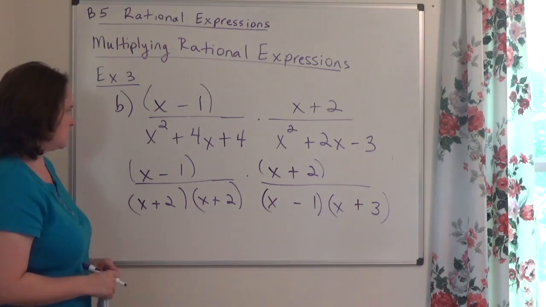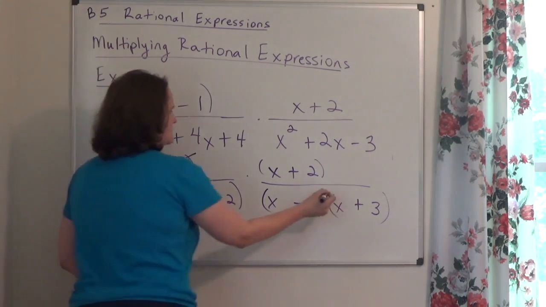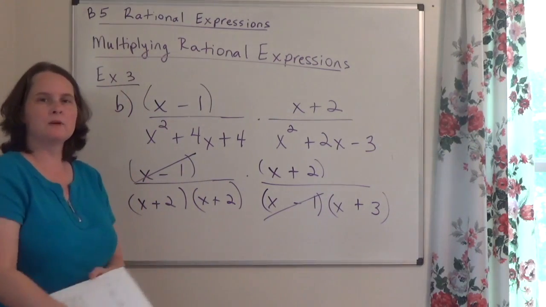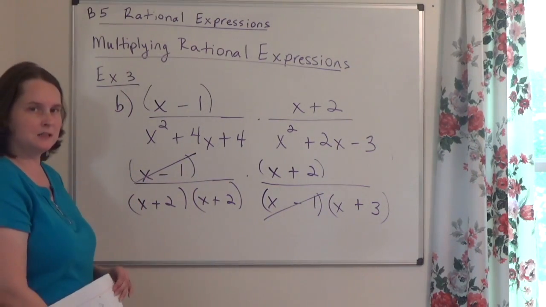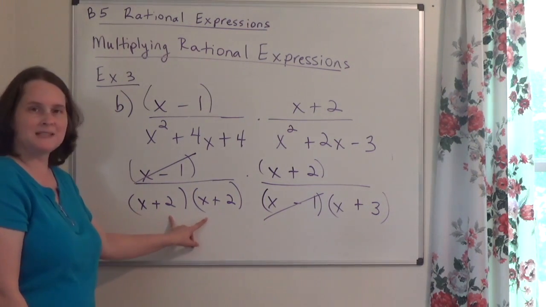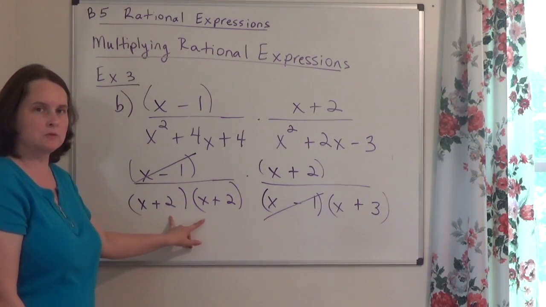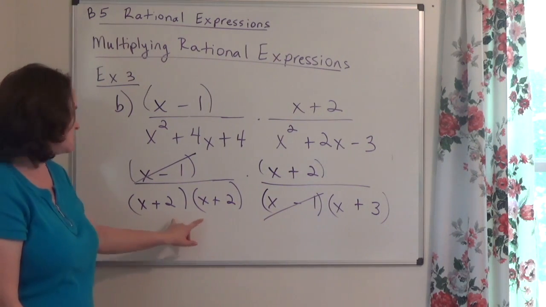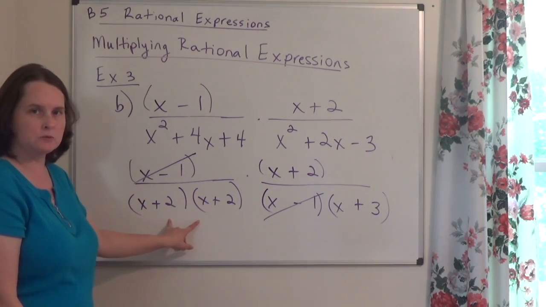What can we reduce here? Alright, we've got the x minus 1s. They can cancel out. I'm going to ask you a question, and it may seem like a silly question, but sometimes people don't know. If you've got two factors beside each other, can you reduce those? The answer is no. These are being multiplied together. You only get to reduce if you're dividing something by itself.